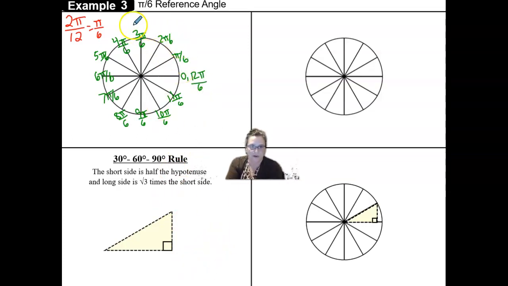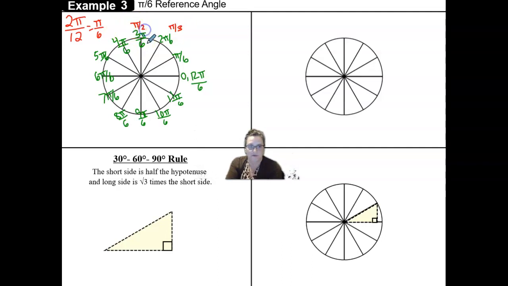So as we go around the circle, looking at these angles that reduce, we have 2 pi over 6, that one reduced to pi over 3. Then 3 pi over 6, that reduced to pi over 2.